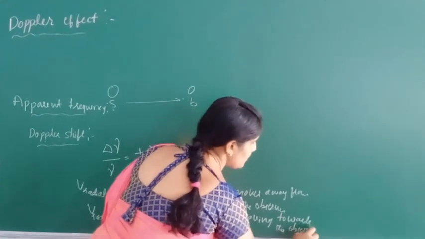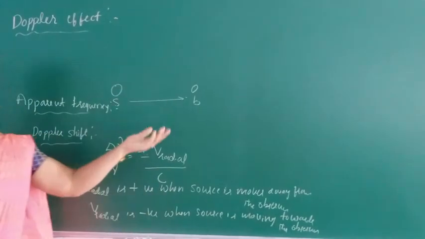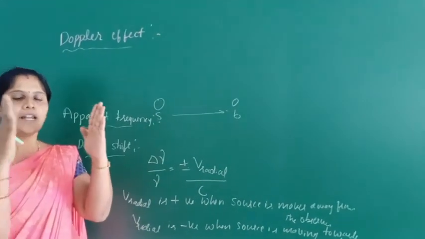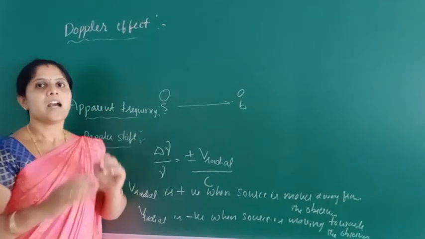V radial is positive when the source moves away from the observer. V radial is negative when the source moves towards the observer.